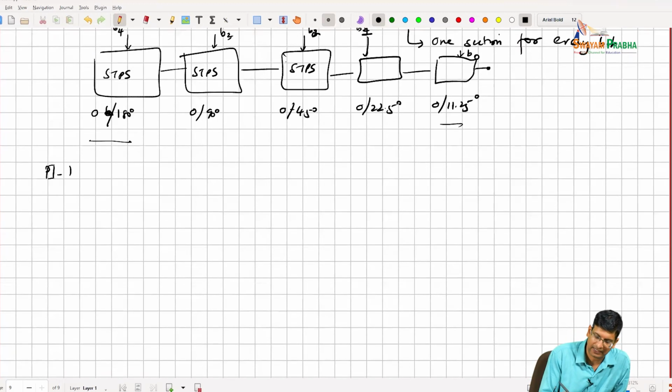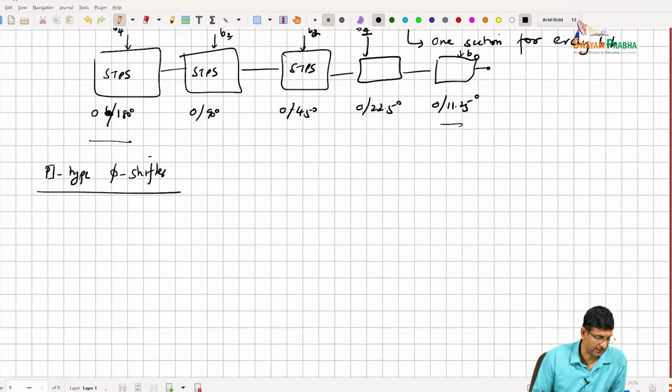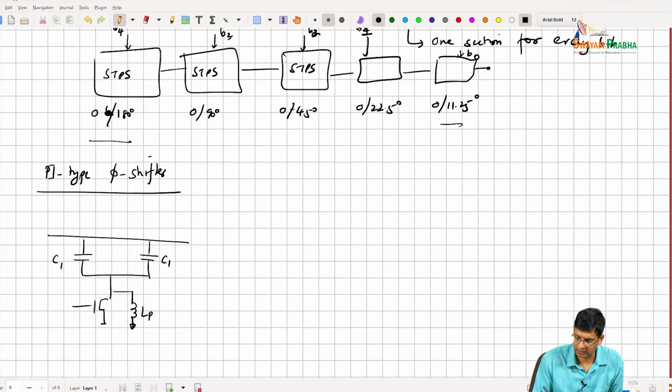You can build a pi type switch type phase shifter. Essentially the circuit looks like so: you have C1, and then you have a switch here, and then an inductor, let's call this L switch. Actually maybe it's better to call it L1.